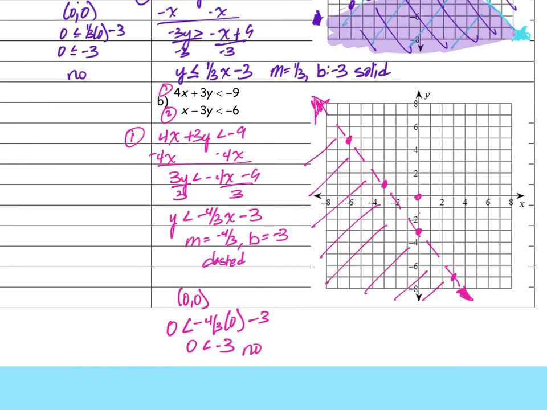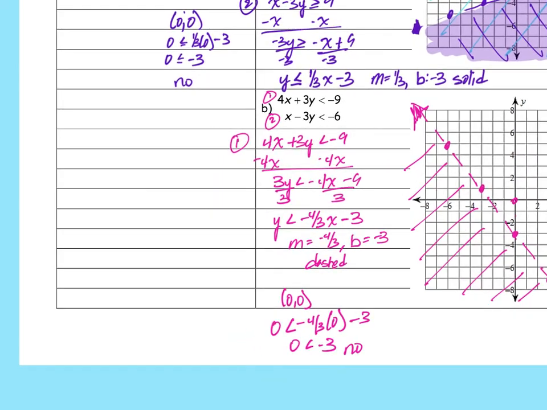Okay, for line 2, I'm going to come over here and do line 2. So I've got x minus 3y is less than -6. Okay, so subtract x: negative 3y is less than negative x minus 6. Divide by negative 3. So I divided by a negative number.